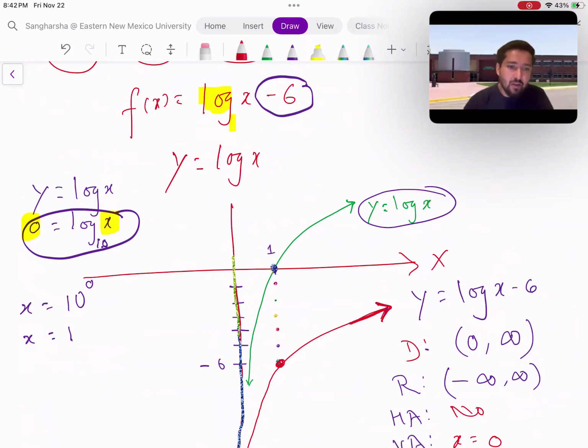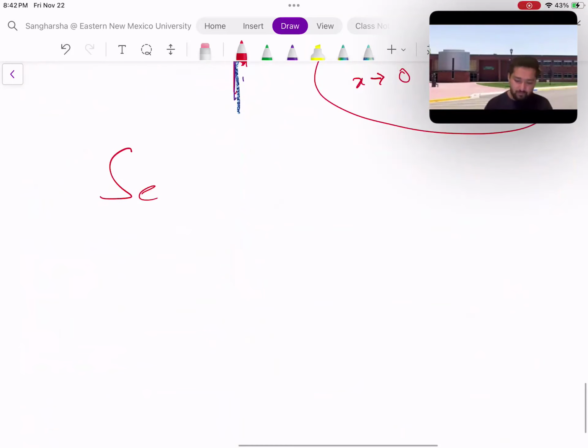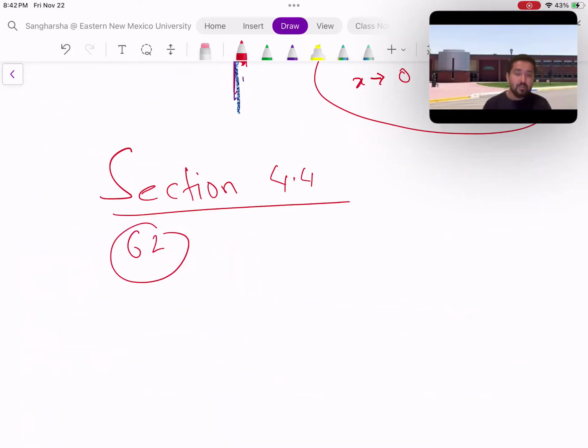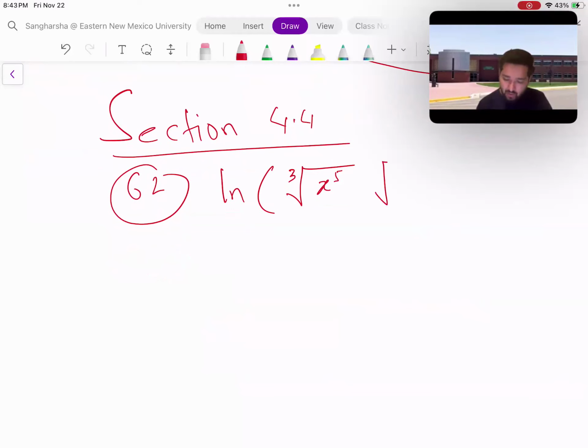Now we are in section 4.4. So number 62. We have ln, the natural log of the cube root of x to the power 5 and the square root of y cubed.